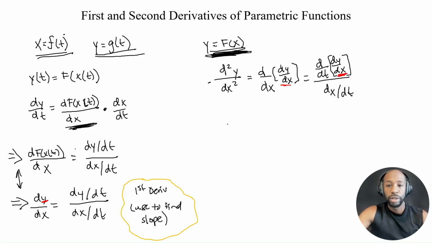Let me underline this and underline this. Basically, all that we did was replace the y here and here with dy dx. So d dx of y in the first derivative. Let's go back to the first derivative here. So d dx of y is equal to d dt of y over dx dt.